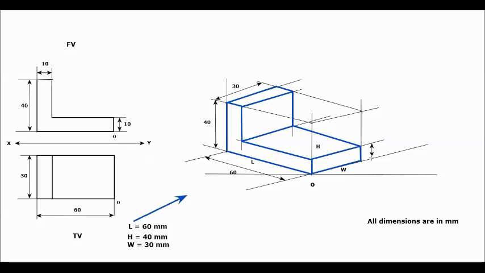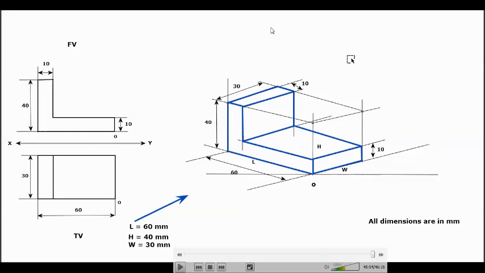This also shows the height of that slab, and the height of the slab is 10 mm. Then for this horizontal 10 mm, I will give the dimension right here. This is also 10 mm. This completes the isometric view of the given object.